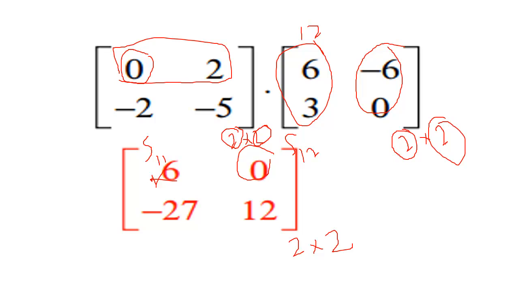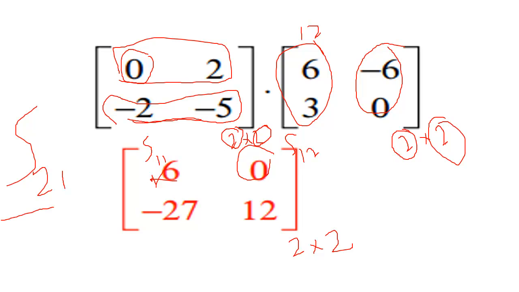Now the second row, negative 2, multiplies the first column to get S21. So negative 2 times 6 is negative 12, and negative 5 times 3 is negative 15.